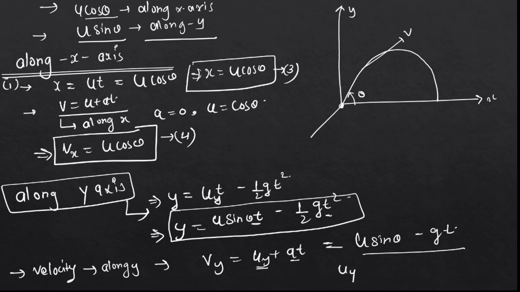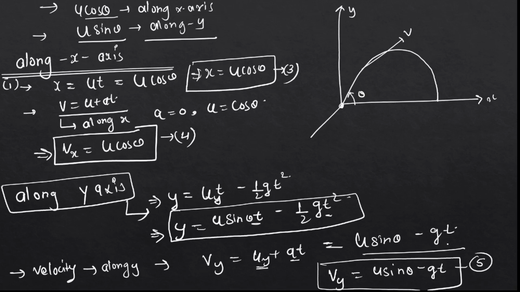So this is the velocity along the y-axis, the final velocity. u is the initial velocity, so this is the final velocity along the y direction, and this is the final velocity along the x direction. Let me highlight this.